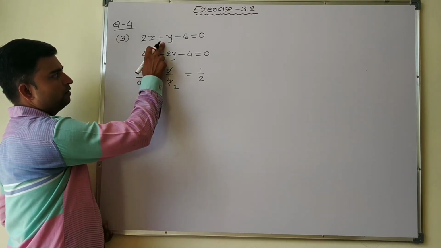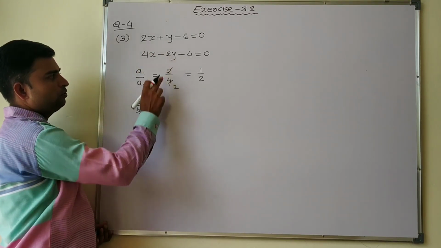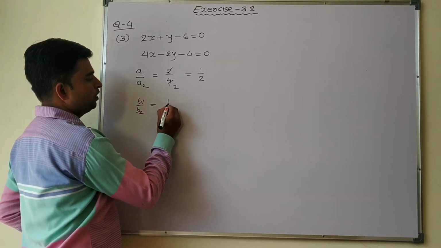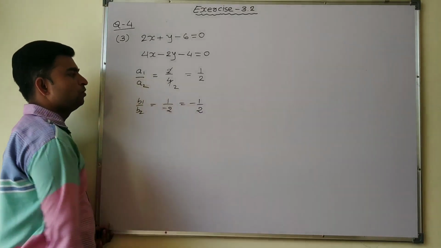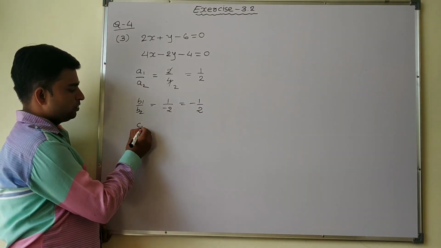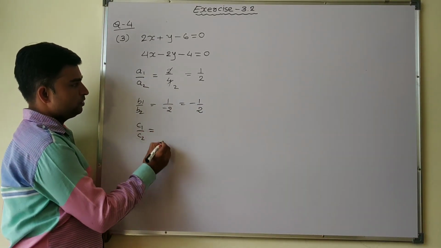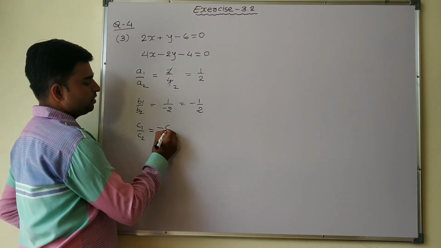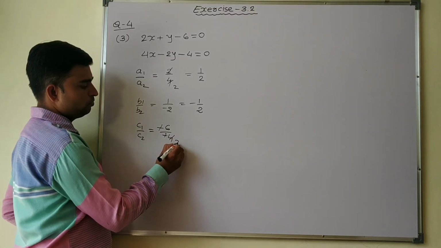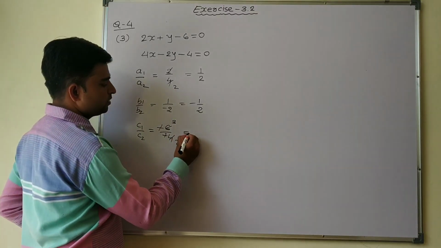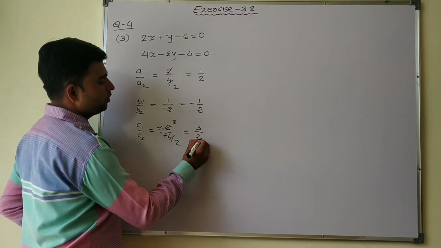From here B1 is 1 and B2 is minus 2. So 1 upon minus 2 is equal to minus 1 upon 2. Now the third ratio C1 upon C2 is equal to minus 6 upon minus 4. Minus minus will be cancelled. 2 2s are 4 and 3 2s are 6. So the answer is 3 upon 2.